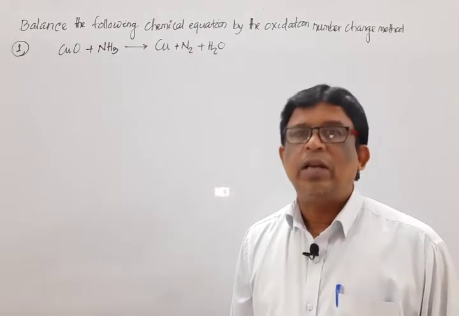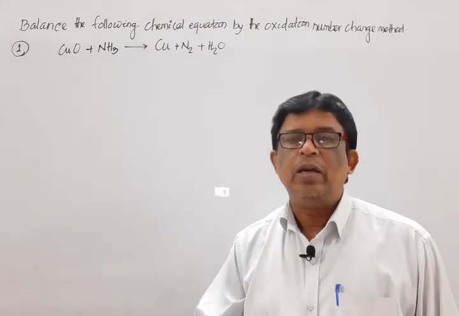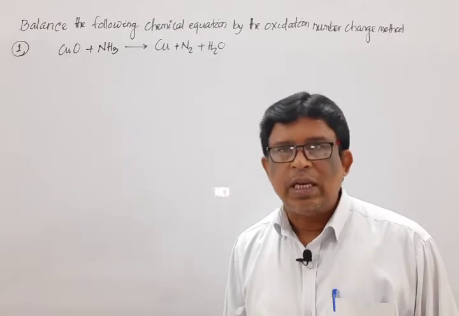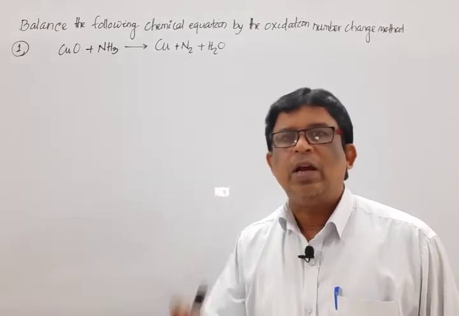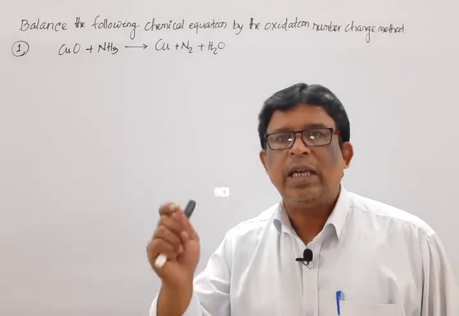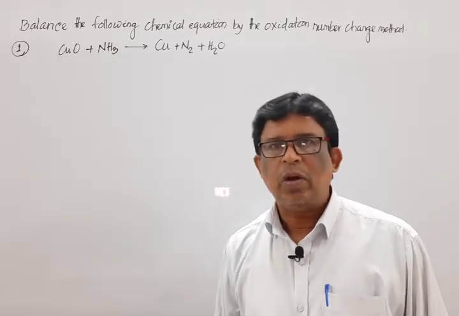So what are the different steps followed? Step 1: first, write the oxidation number of each element or atom at its respective top. Note down this one, point 1.